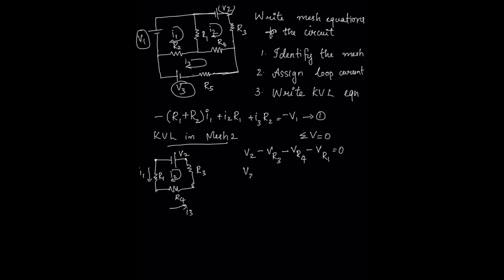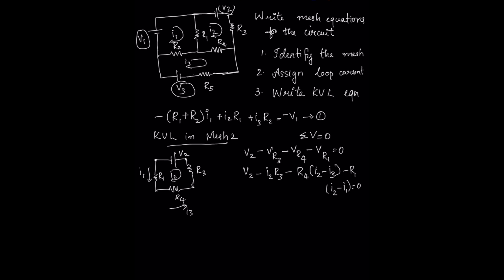We can write V2 minus I2 R3 minus R4 into I2 minus I3 minus R1 into I2 minus I1 is equal to 0.